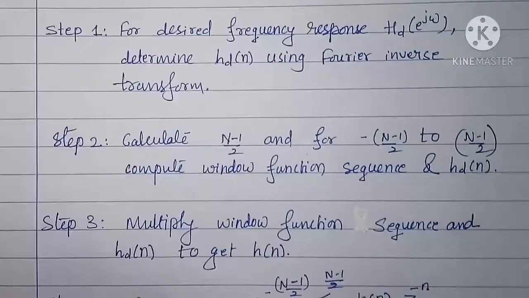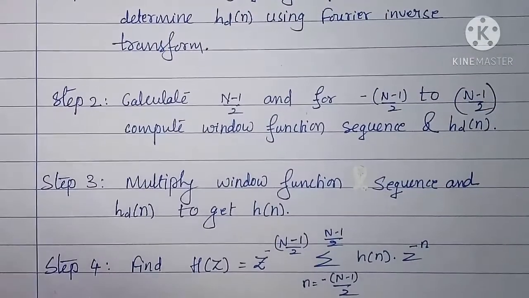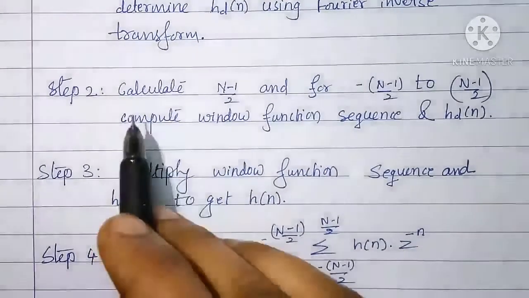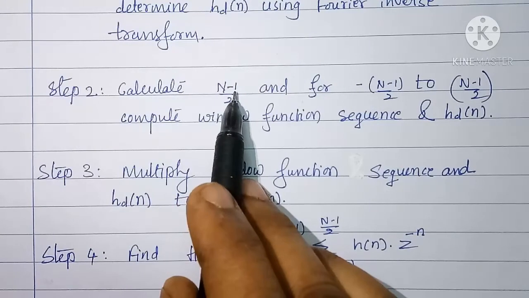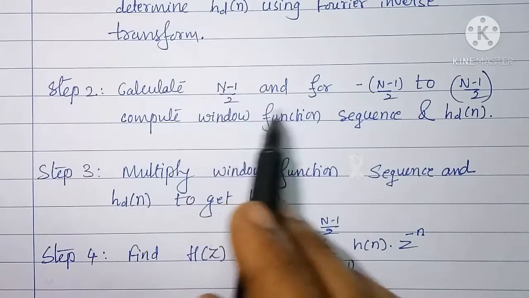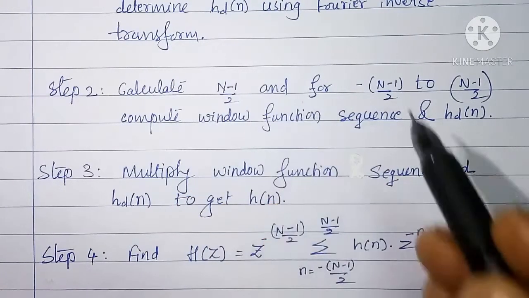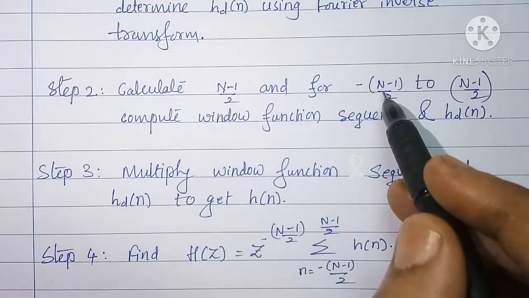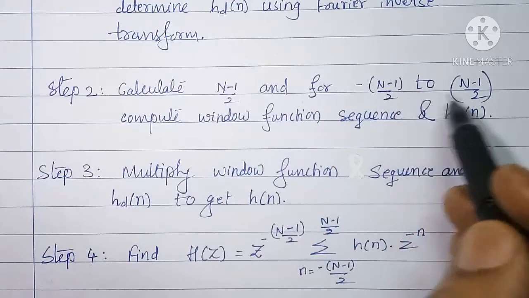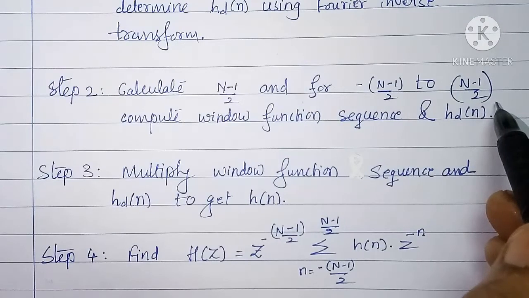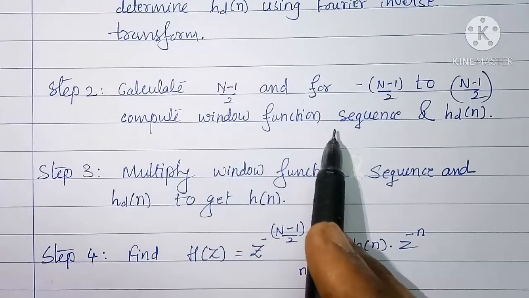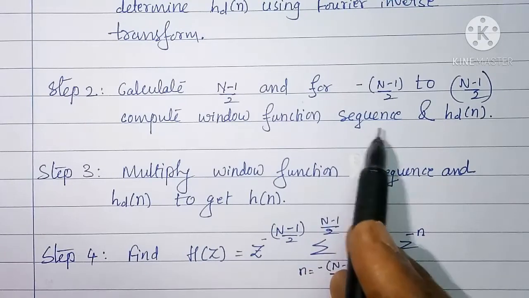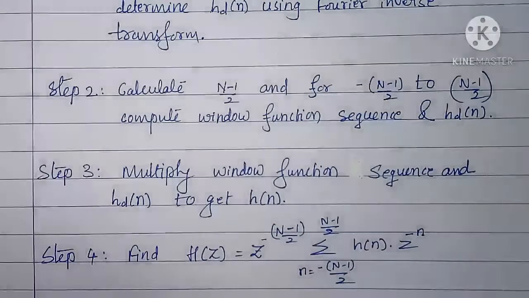And then in step 2, we have to calculate N minus 1 by 2, and for minus of (N minus 1) by 2 to plus of (N minus 1) by 2, we have to compute window function sequence and HD of n.